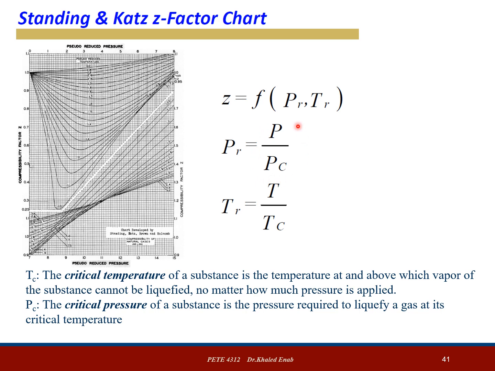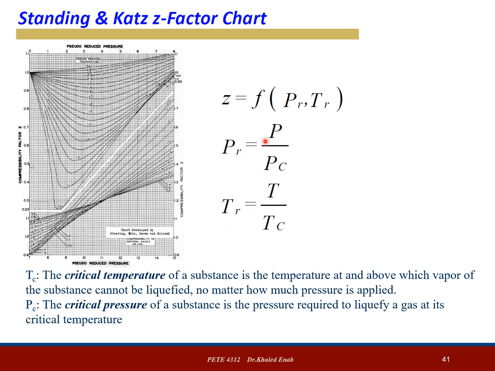When it's included in the equation, that made this universal, instead of having a chart for every single gas. Same thing for the temperature. So they defined this chart, which is universal and is still used today, to define Z as a function of the reduced pressure and the reduced temperature.